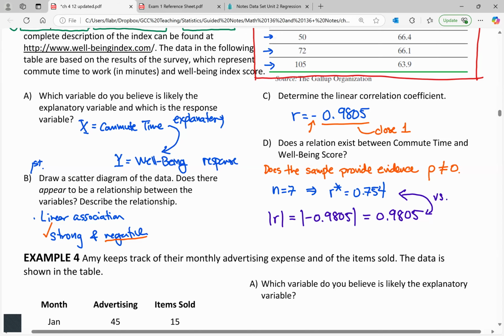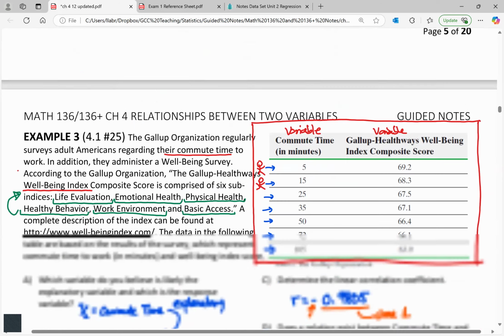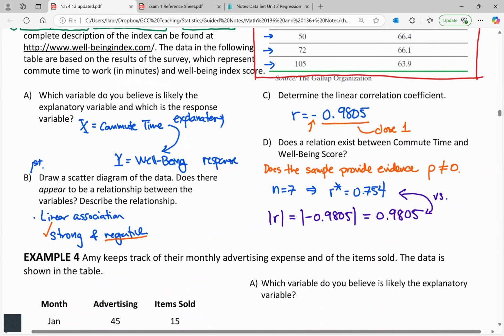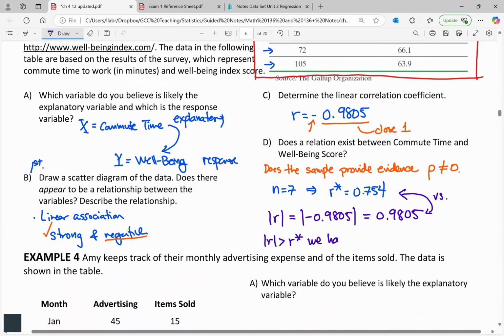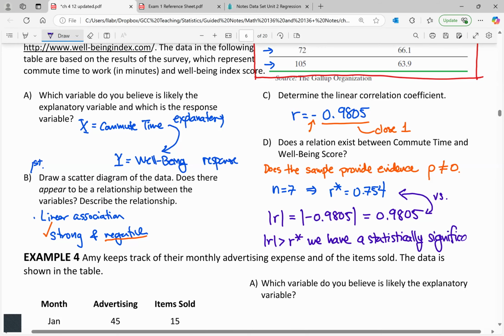So we are essentially landing in this region right here where it's clear that there is a population correlation coefficient away from 0. So we're going to go ahead and write that since absolute value of R is greater than R star, we have a statistically significant correlation.